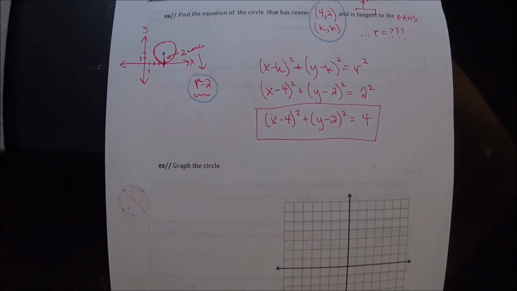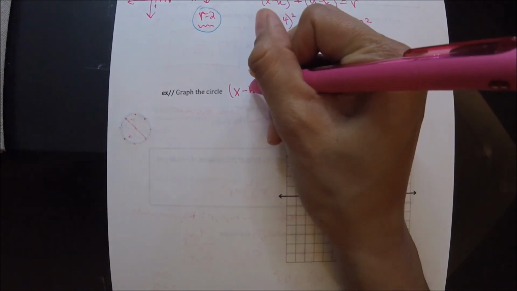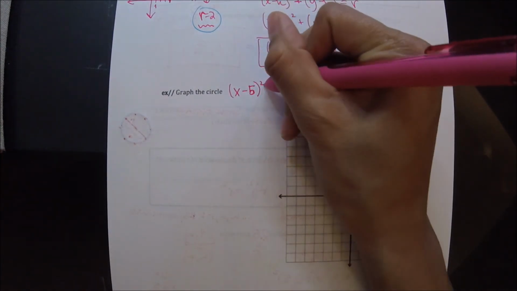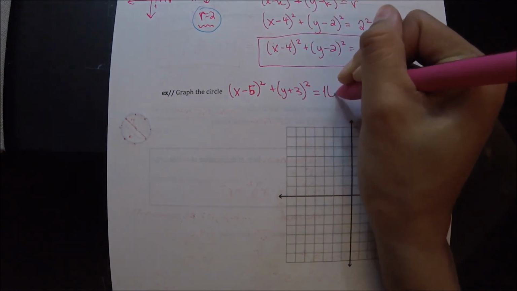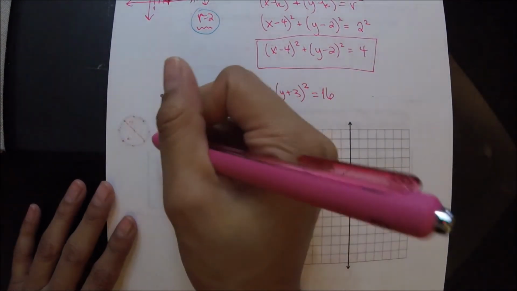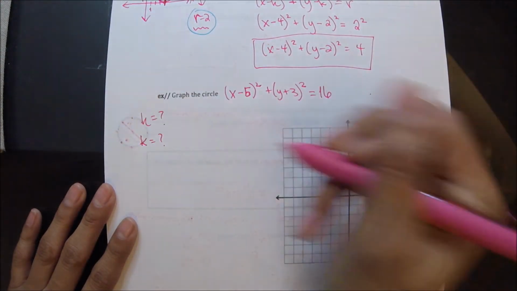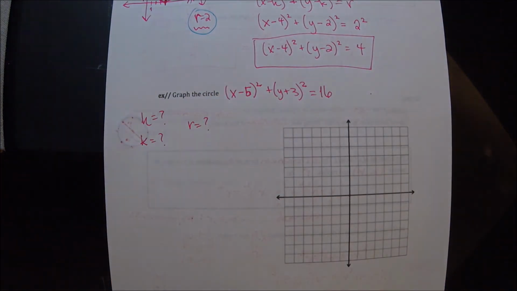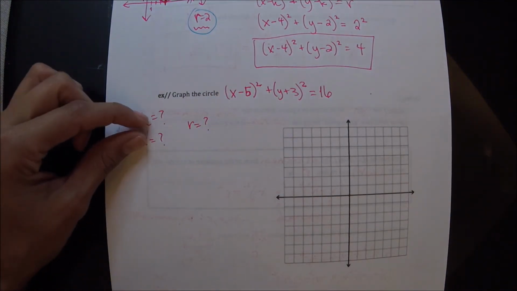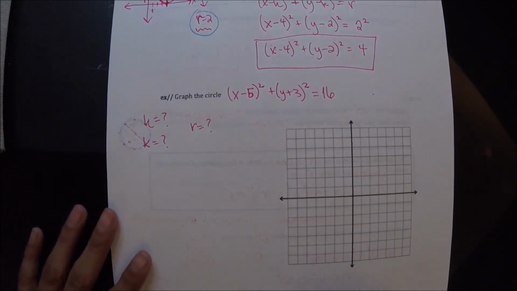And let's do one more. We're going to graph the circle (x minus 5) squared plus (y plus 3) squared equals 16. So what we need to do is identify what h, k, and r are going to be, because this will give us where the center is and this will give us the radius, then we can graph the circle.